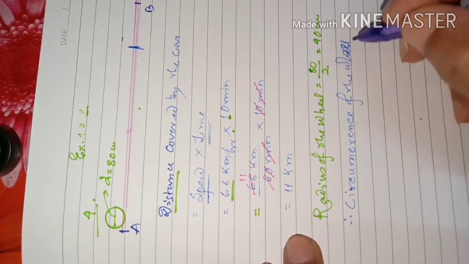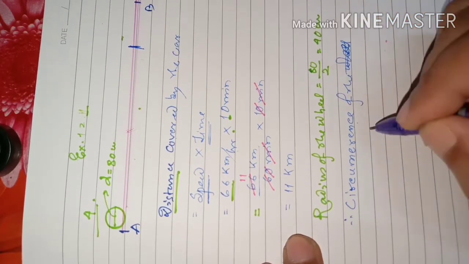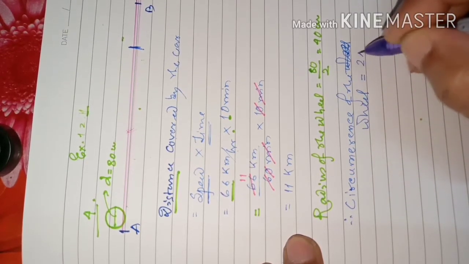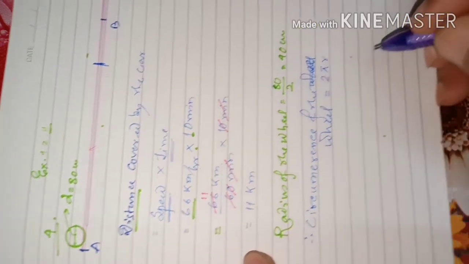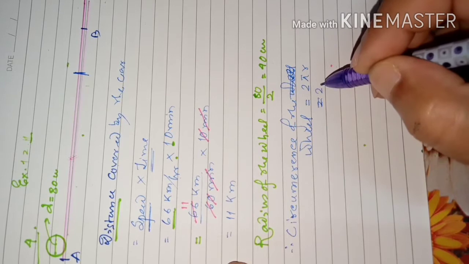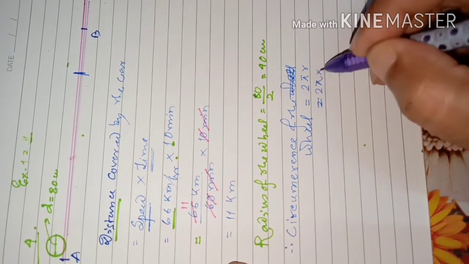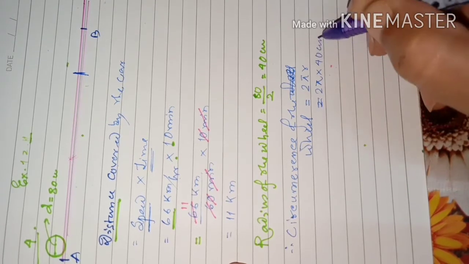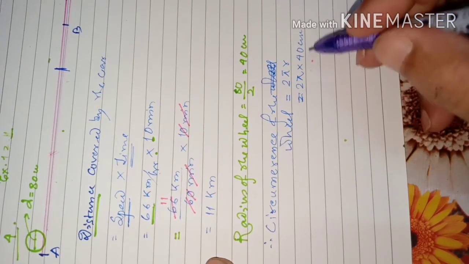is equal to 2 into pi into r. So 2 into pi value, leave it. R is 40 centimeter. This is in centimeter.